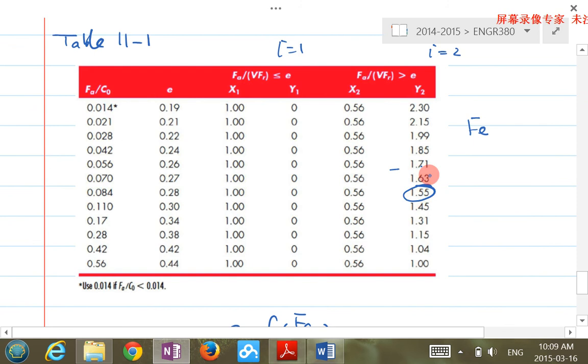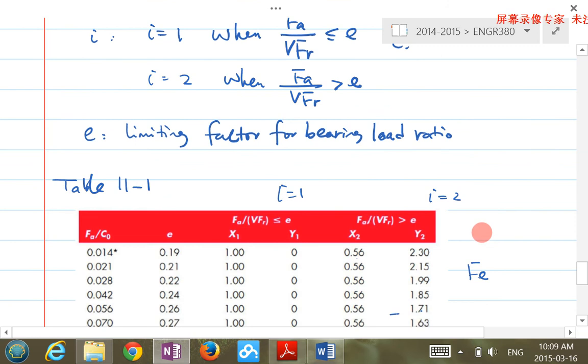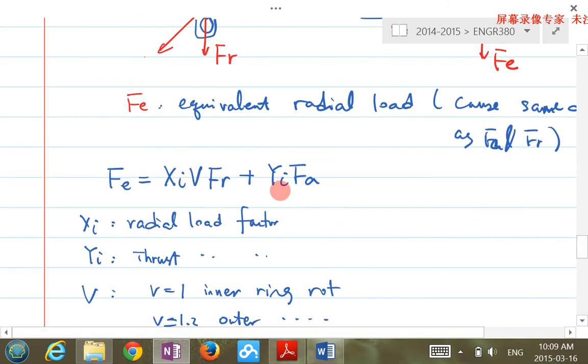Essentially, if you look at this, in this case X2 and Y2 are both not 0. But in this other case, Y1 is 0. If Y1 is 0, what does that mean? The equivalent load equals just this much here, which is the same as case 1.